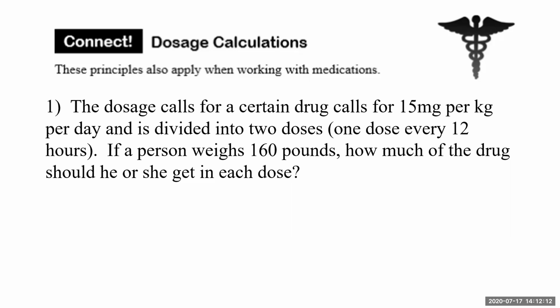So really, it says 15 milligrams of the medication for every kilogram. This means that you dispense the medication based on the weight of the patient or whoever is taking the medication. Is that okay? So for every 1 kilogram, you dispense 15 milligrams.